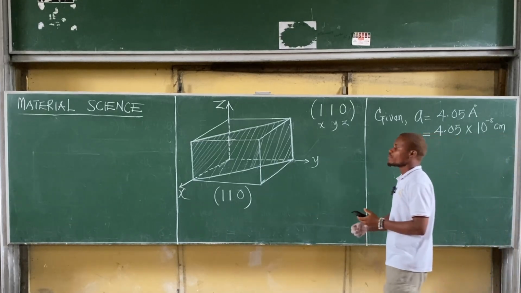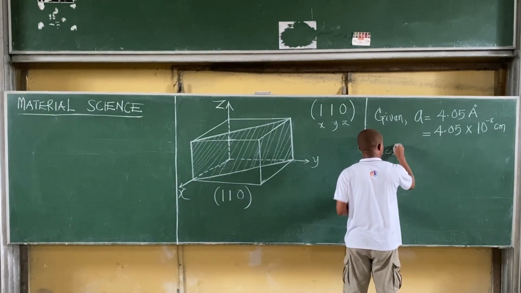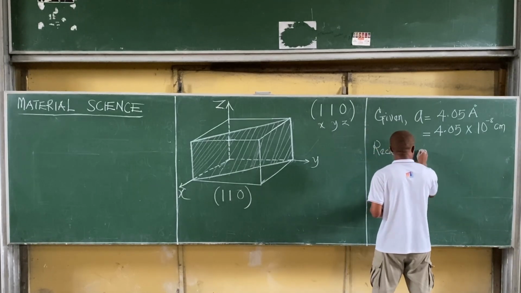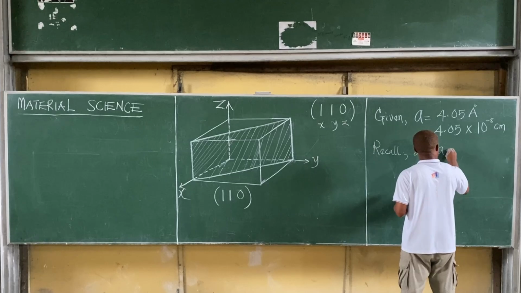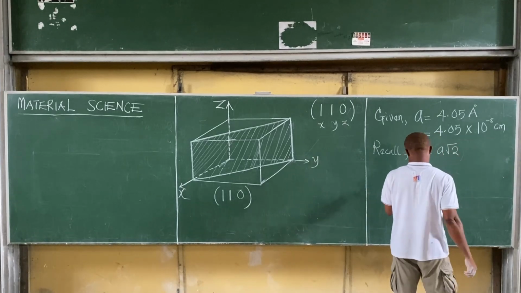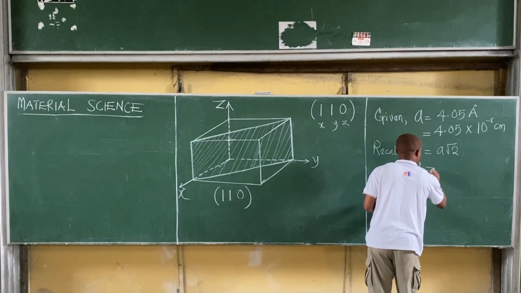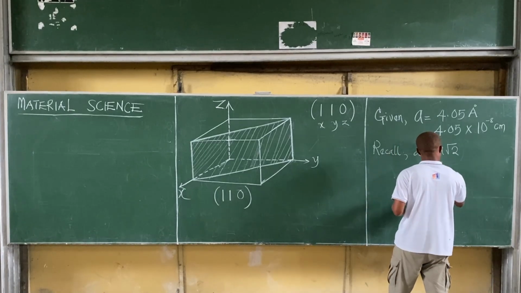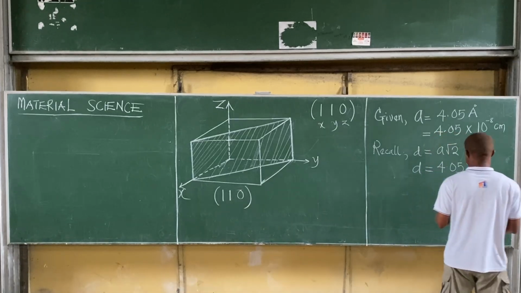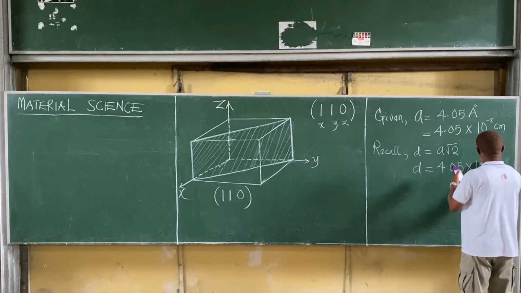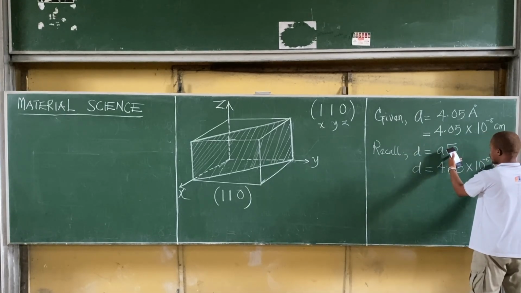Now recall that for an FCC structure the diagonal is given as a root 2. Therefore, our diagonal becomes 4.05 times 10 raised to power minus 8 multiplied by root 2.